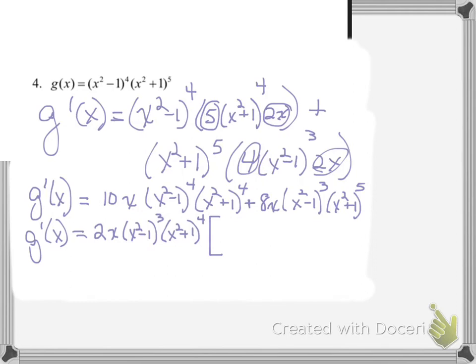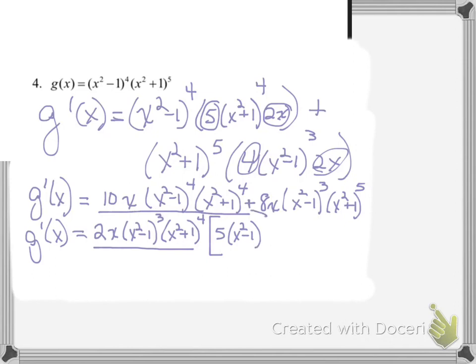So, look what I have right here. Look what I need. It looks to me like all I need is a 5, so I can get the 10x back. And then I'm going to need x squared minus 1 just to that 1 power. So x squared minus 1.